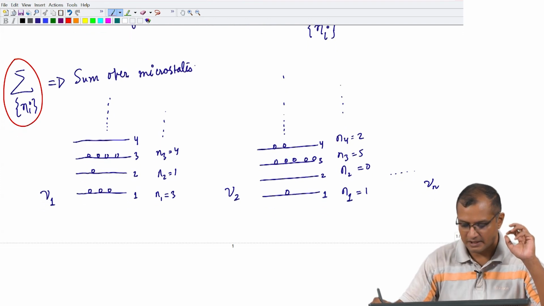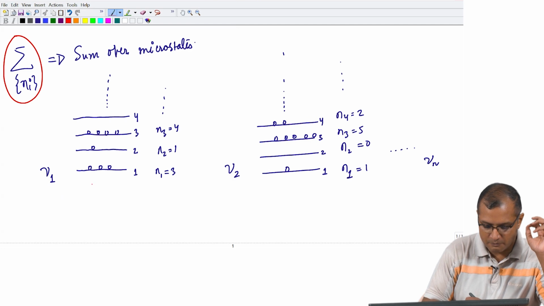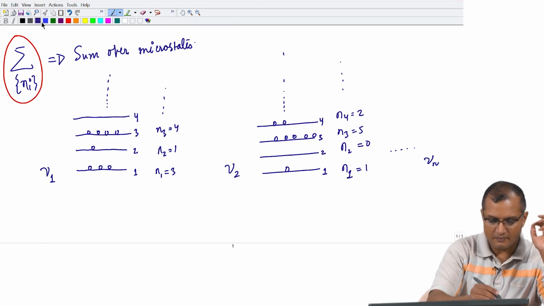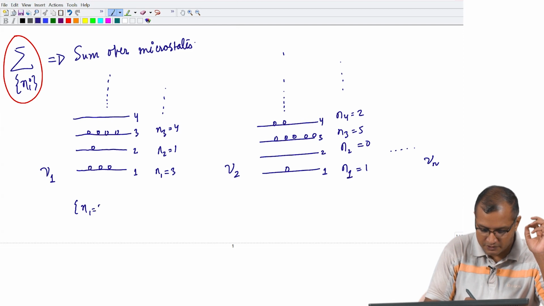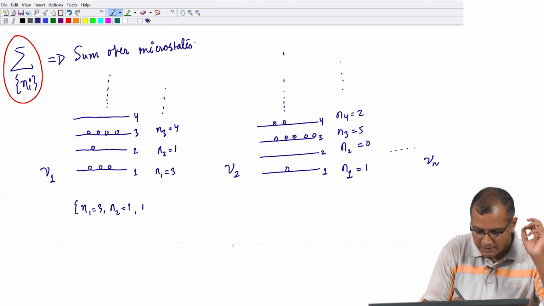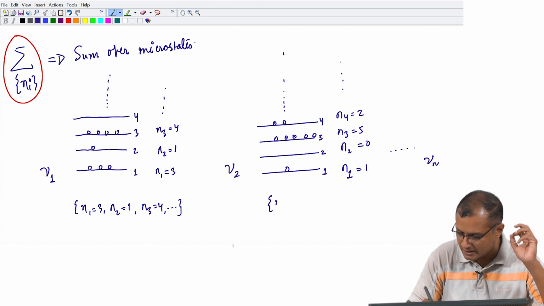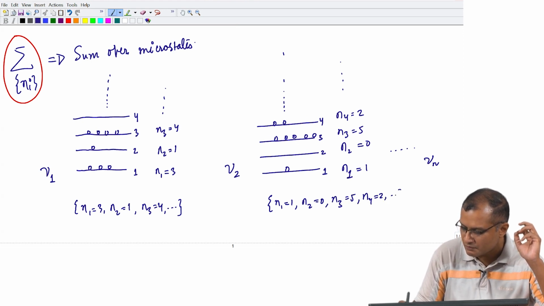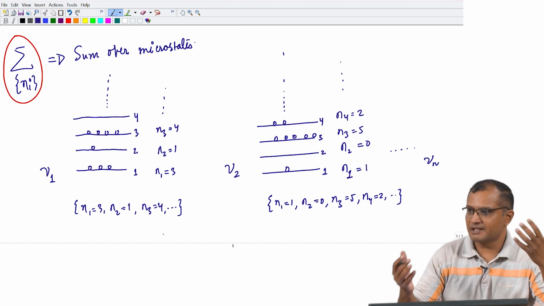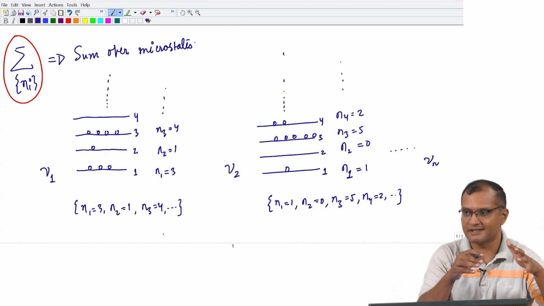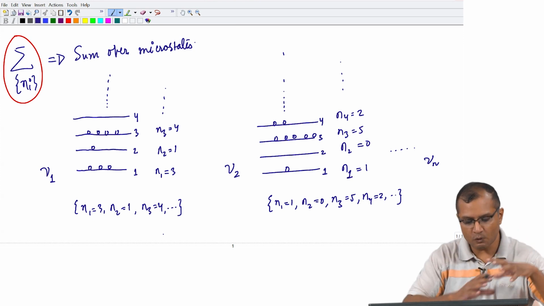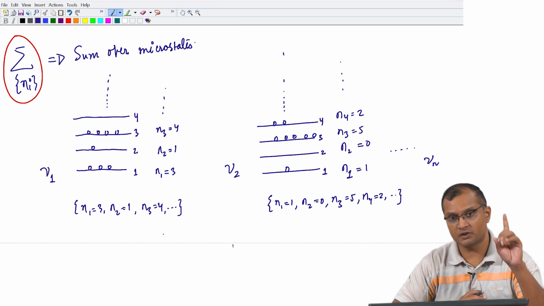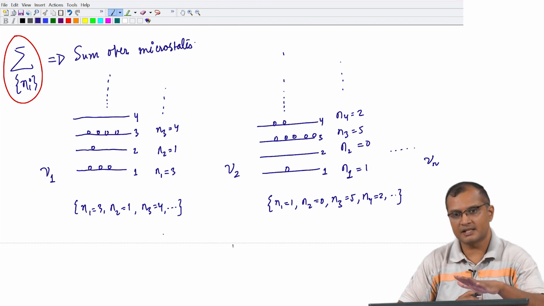So, for example, the mu 1 microstate would be the set with the values n 1 equal to 3, n 2 equal to 1, n 3 equal to 4 and so on. Then my set of excitations becomes n 1 equal to 1, n 2 equal to 0, n 3 equal to 5, n 4 equal to 2 and so on, and with the third microstate my set changes. So, that is the meaning of summation over all sets of ni. You take one set of ni's that is constituting your one microstate, then the set changes.